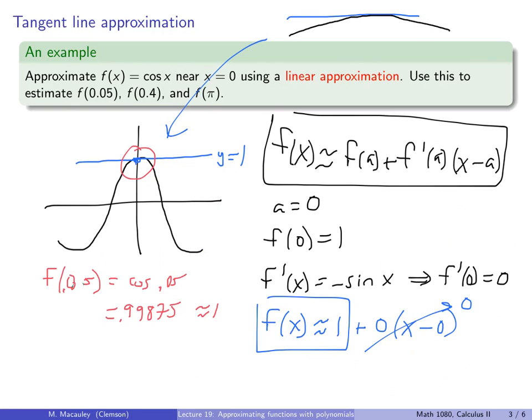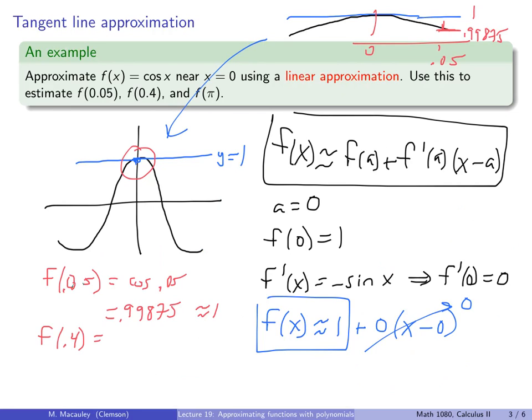And so what we're saying is, this is at 0, and this might be at 0.05, and our actual value is 0.99875, and our approximated value is 1. So this error is really small, because we're close to our point a equals 0.